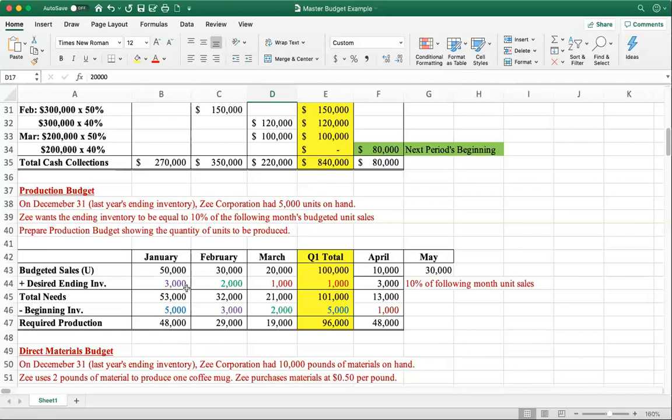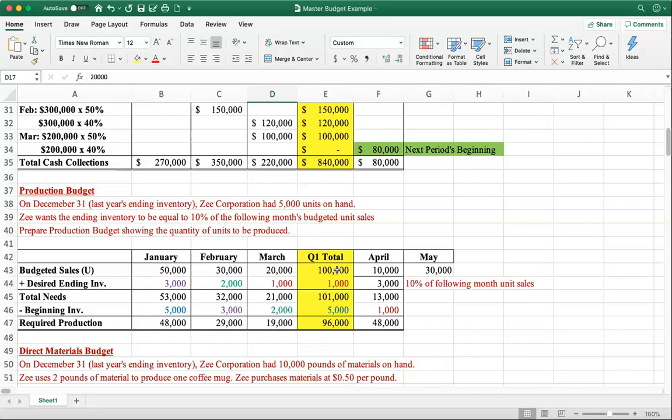January has 3,000 units in the ending inventory, which becomes the beginning inventory of February. Similarly, the ending inventory of February, 2,000, becomes the beginning inventory of March. Those green fonts represent they are transferring from here. The purple transfers from here. Okay, so that completes your March. So you need to produce 48,000 units in January, 29,000 in February, and 19,000 in March.